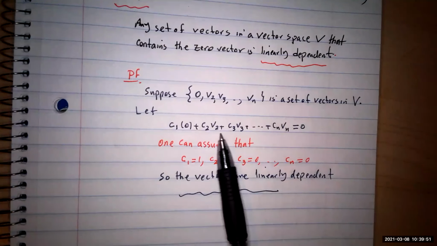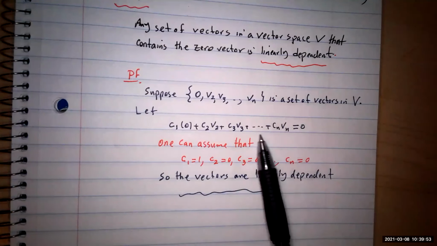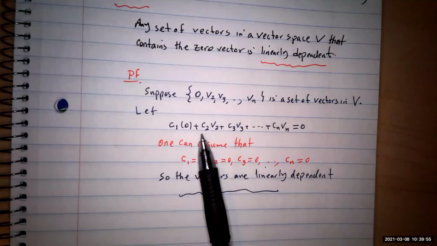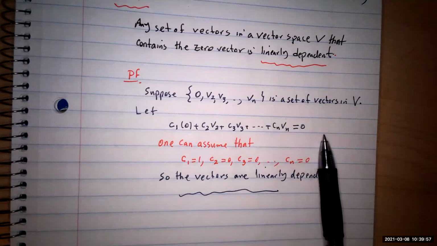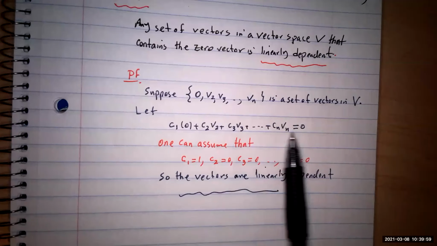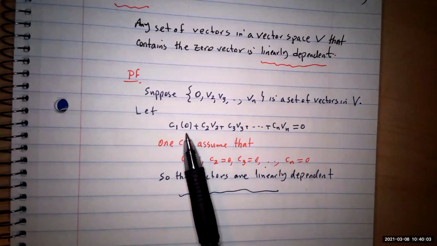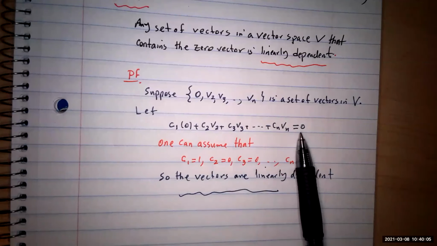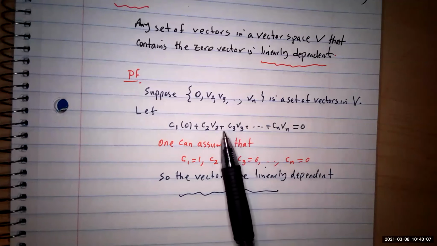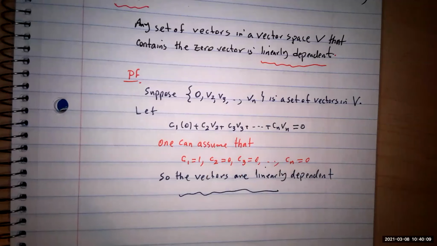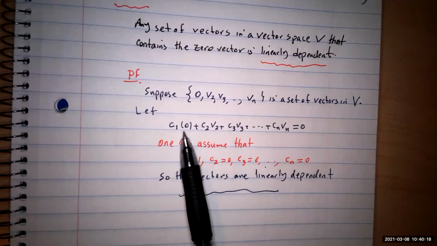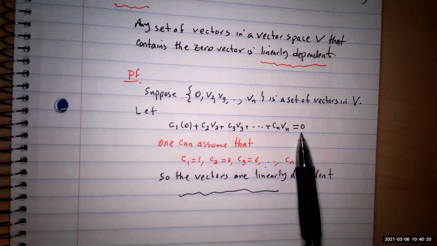To prove dependence, remember, this is the way you prove it. You write this type of linear combination. If you can prove that all of c1, c2, up to cn are 0, this is going to be independent. But if you can prove that at least one of them is not 0, this means that vector can be a linear combination of the other ones. Here, this identity is always true if I put c1 equal to 1, because 1 times 0 would be 0, and everything else is 0.